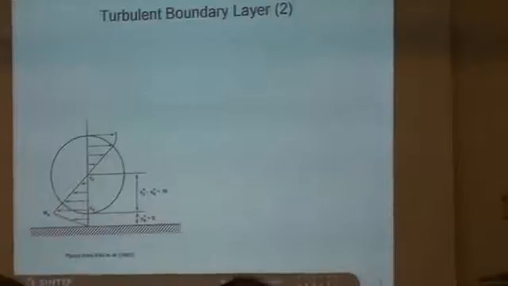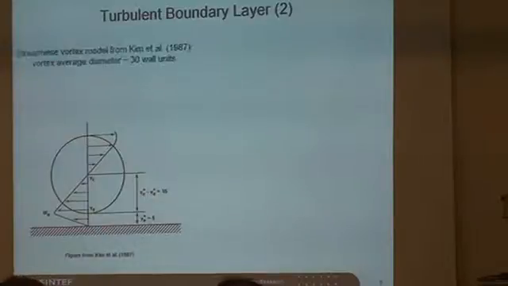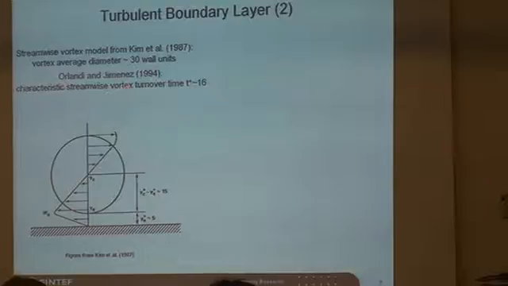Kim and others have estimated this streamwise structural size to be about 30 wall units. Others have estimated the turnover time. So this has been going on for many years.